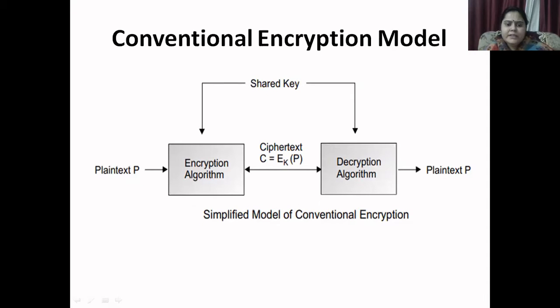Now, the ciphertext generated is transmitted over the network to the receiving end. The ciphertext can be transformed back to the original plain text by using a decryption algorithm and the same key that was used for encryption. Now, mathematically, this model can be explained as follows.